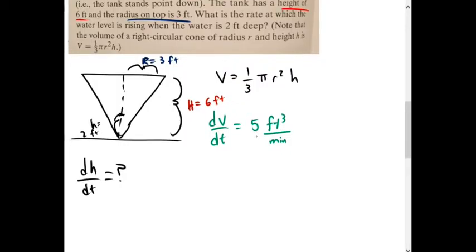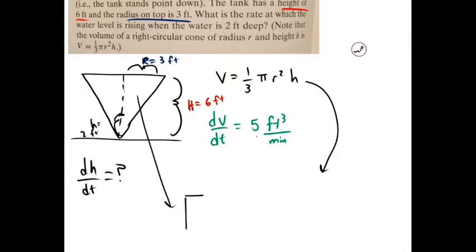Right now we have 3 variables. We prefer to have a formula with 2 variables, so we can find a relationship between r and h. We get that by using similar triangles.